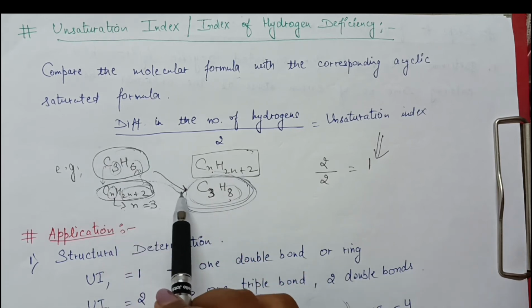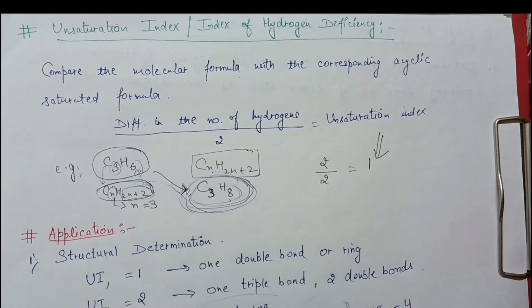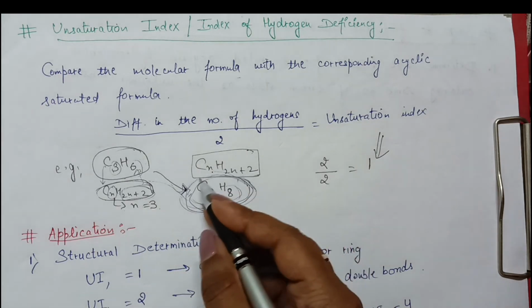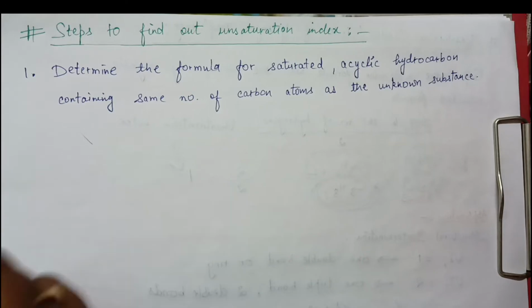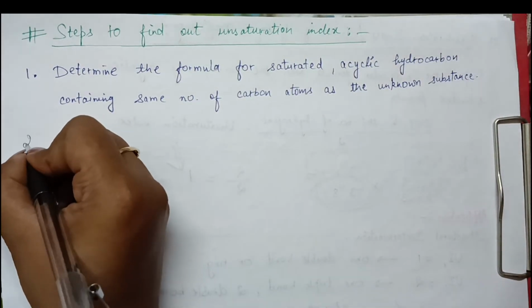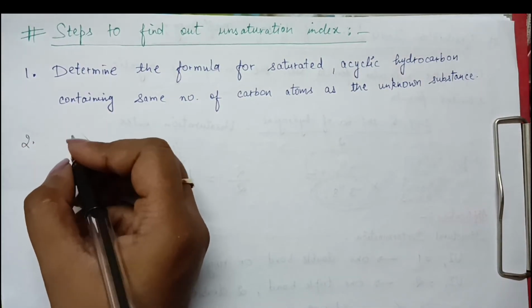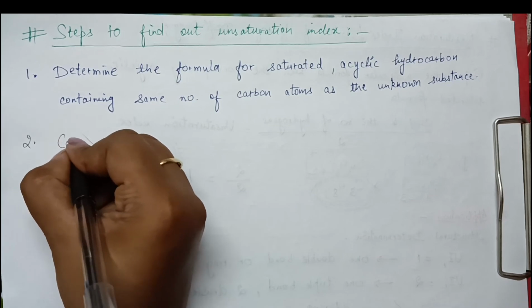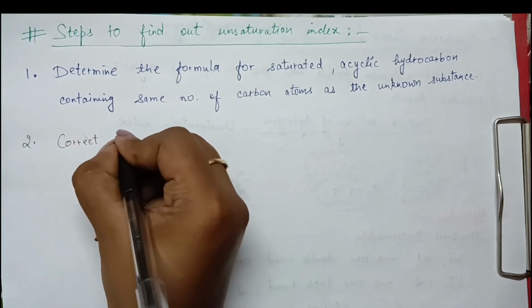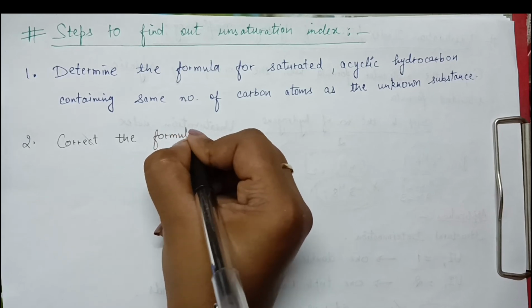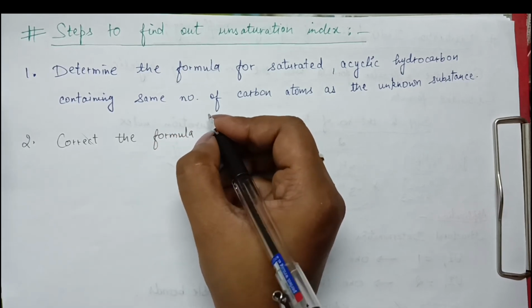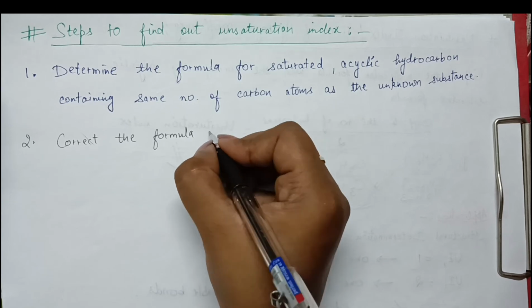This will be the first step. Now moving on to step number 2. Step number 2 is to correct the formula for non-hydrocarbon elements.